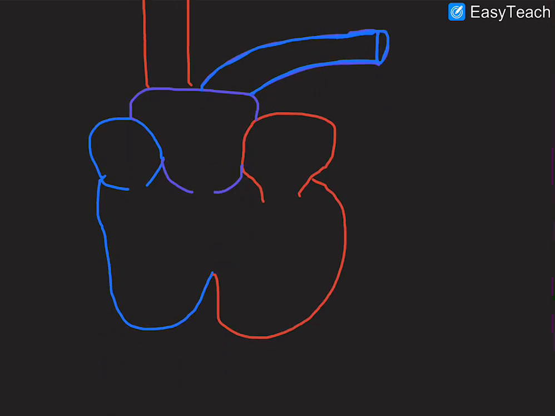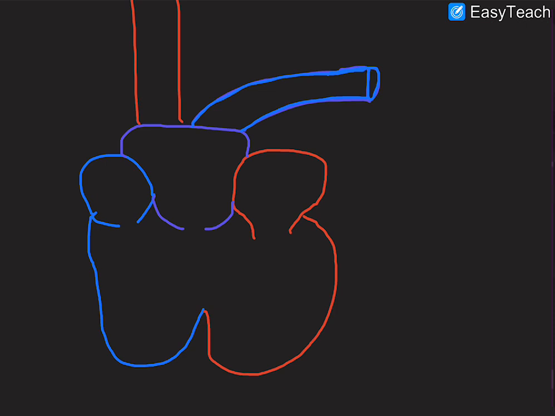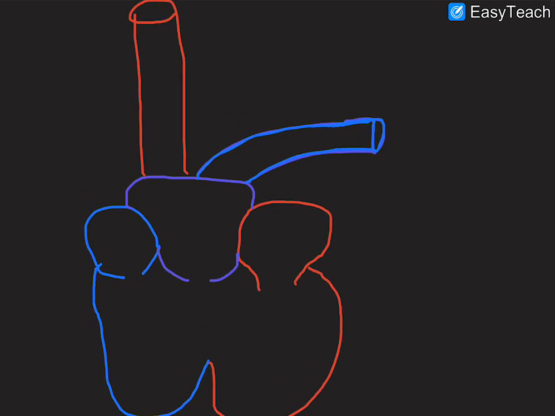So I know this isn't the best drawing, but just to get the point across, right? This is the right side of the heart, left side of the heart, right? This is our right atrium, left atrium. There's supposed to be an interventricular septum here, but in truncus arteriosus, you have a VSD, a ventricular septal defect.